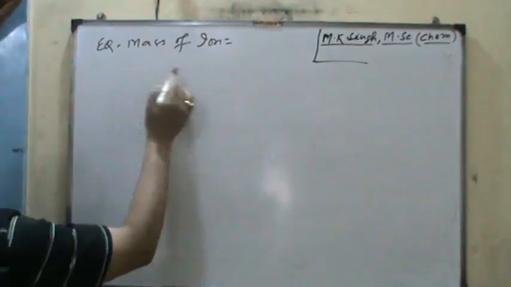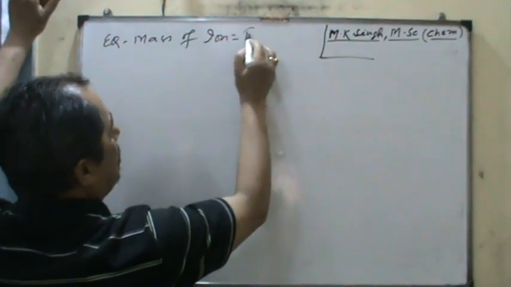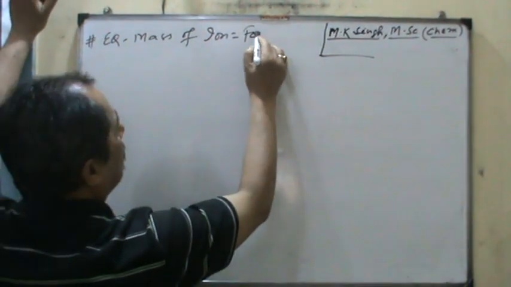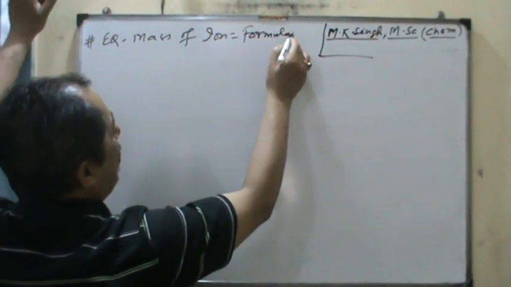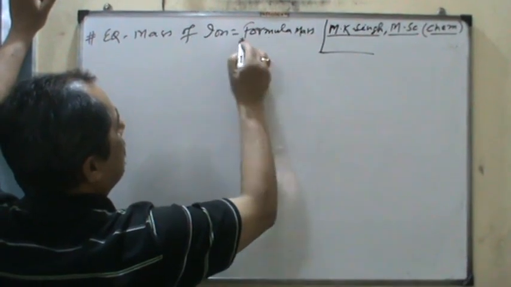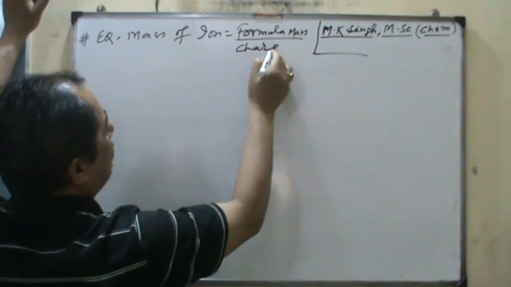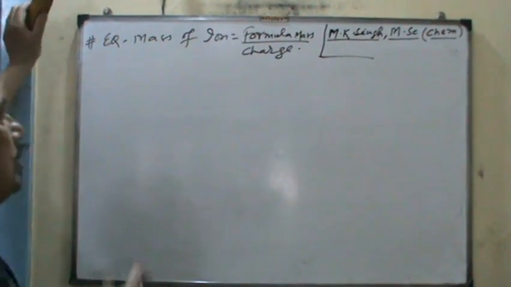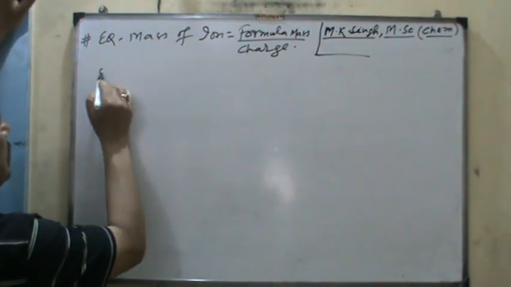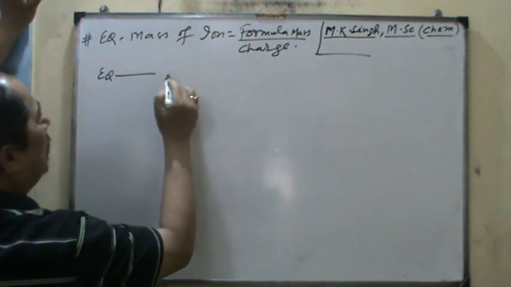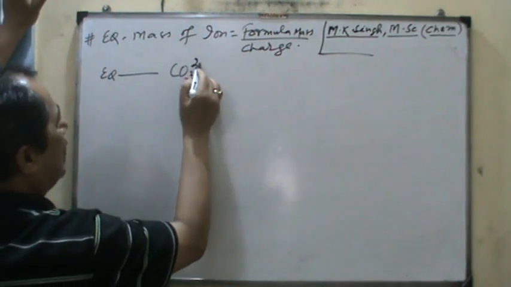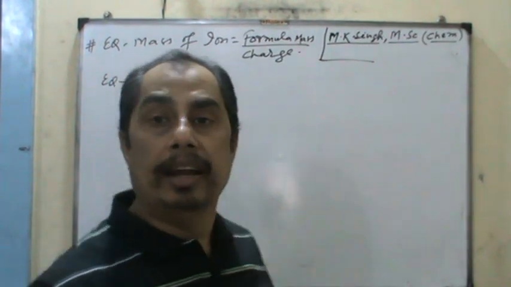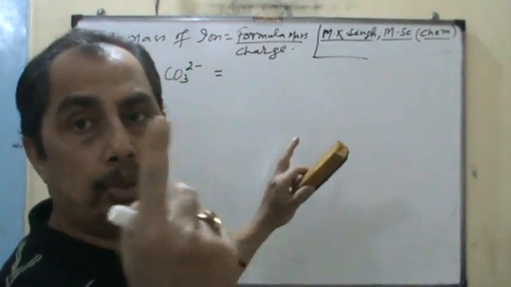So that is the formula mass divided by charge present on them. For example, if I say equivalent mass of carbonate ion. Tell me anybody, what is the formula mass of the CO3? Carbon is 12, oxygen is 16 into 3.